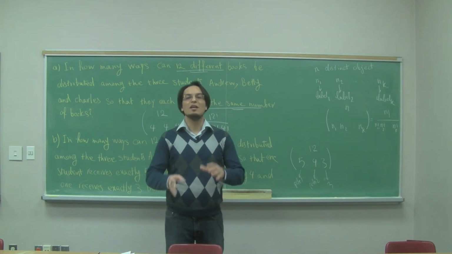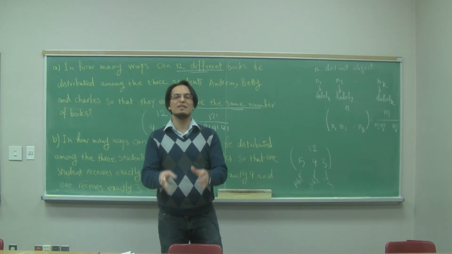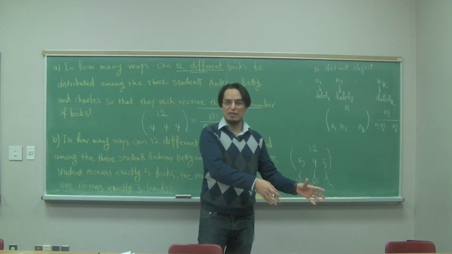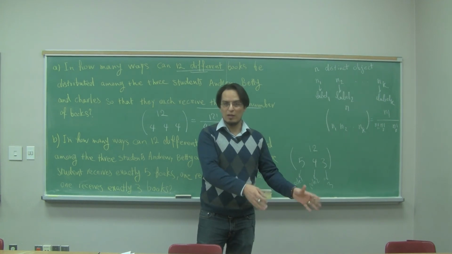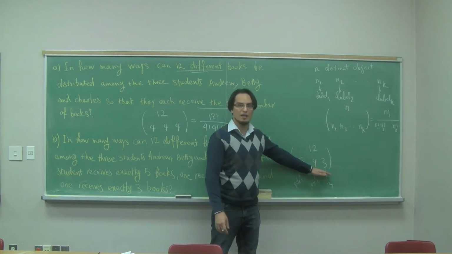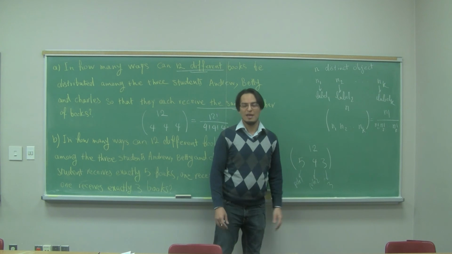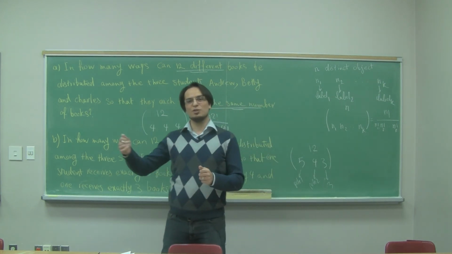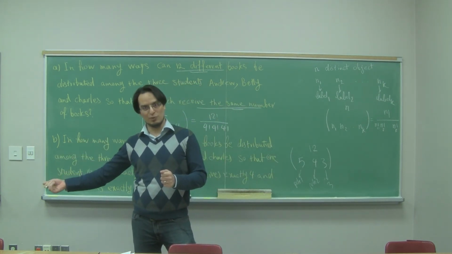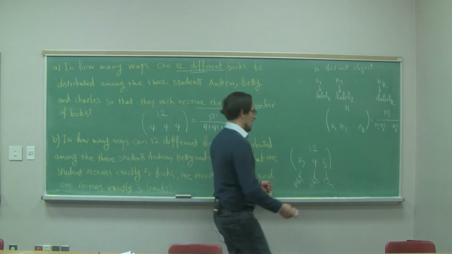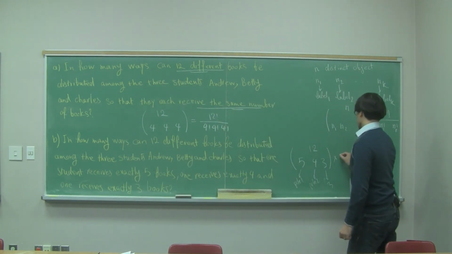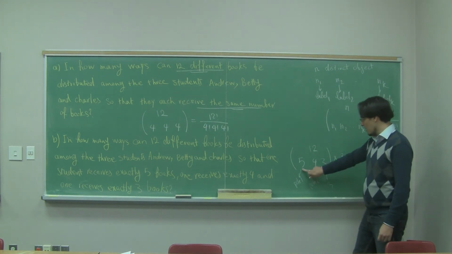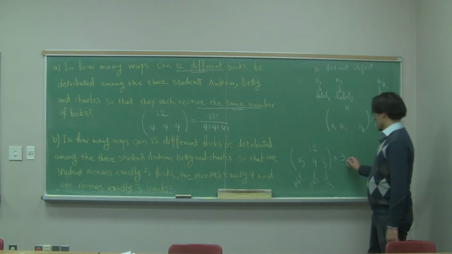But we are not done. We haven't given these books to the students. Well, now I have 3 piles, 5, 4, 3, and I want to give them to 3 students. The first student, Andrew, has 3 options, either pile 1, 2, or 3.